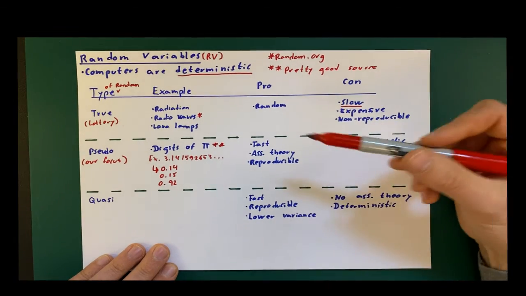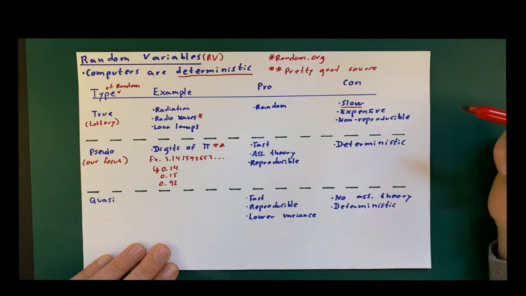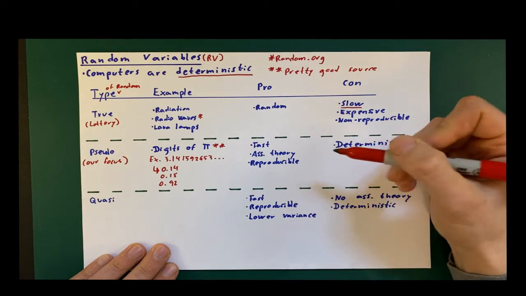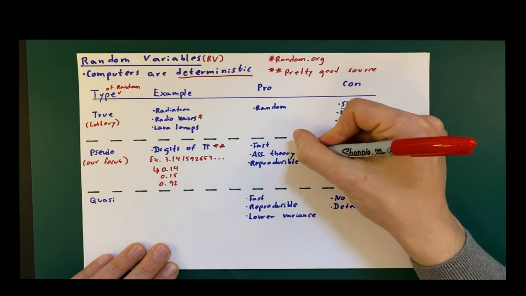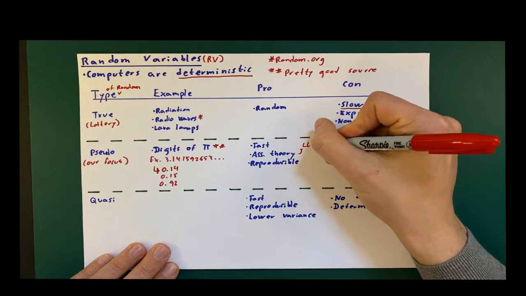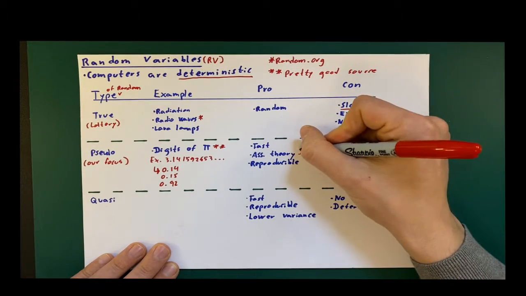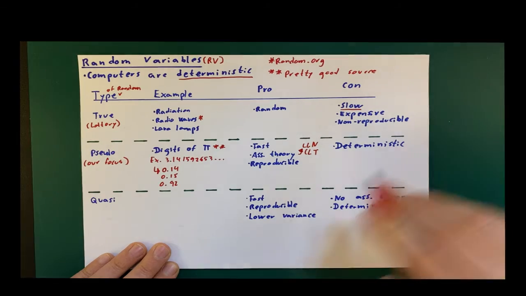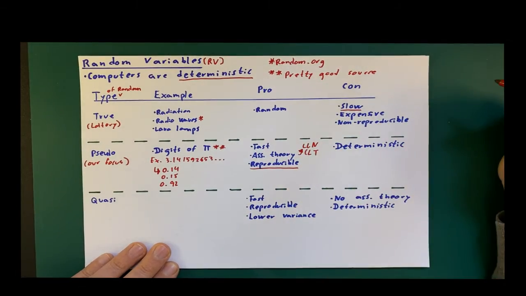And these kinds of methods, not just the digits of pi but these methods in general, are going to be fast. You're going to be able to use your asymptotic theory, so that's something like laws of large numbers and your central limit theorems. And critically, you're going to be able to have reproducible results.